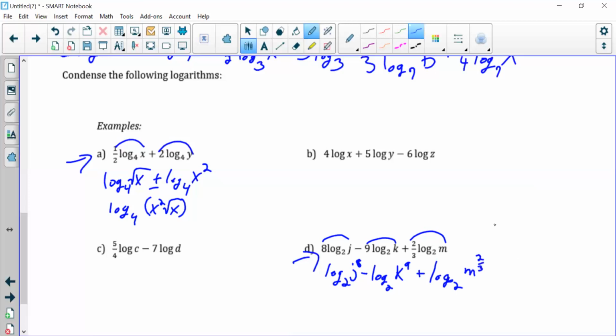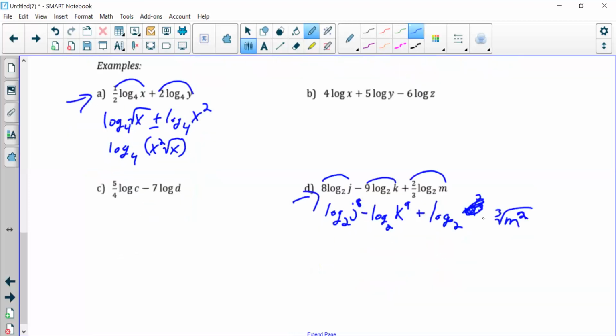All right, and if I wanted to write m to the 2/3 as a radical, remember our numerator sticks with this and our denominator becomes the radical. So I would say m squared and cubed root of n squared.